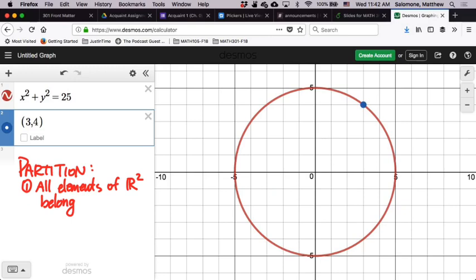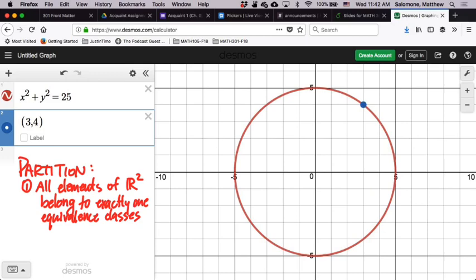Less than one ever? Just one. One and only one. And so what that means is that if I take all the equivalence classes and I union them together, then as Colleen says, we should get the whole set R2 back, right? So these equivalence classes need to cover all of R2 and cover it in such a way that none of them are overlapping one another, because each element of R2 belongs to one and only one equivalence class.